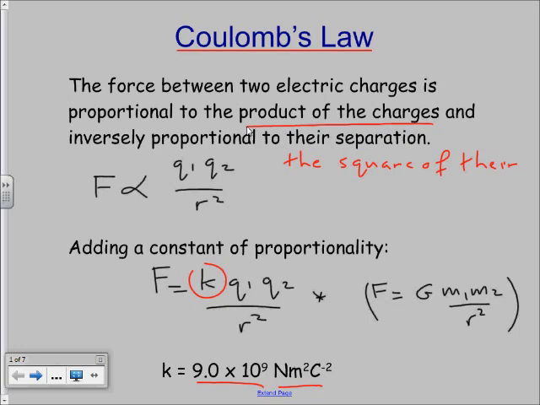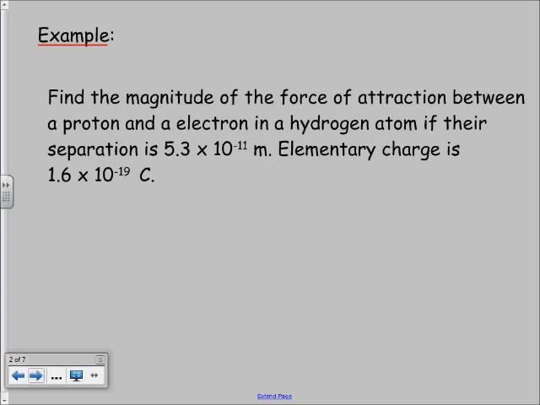Okay, so an example of a problem here. Find the magnitude of the force of attraction between a proton and an electron separated by 5.3 by 10 to the negative 11 meters. Elementary charge refers to either the charge on a proton or an electron, 1.601 by 10 to the negative 19.